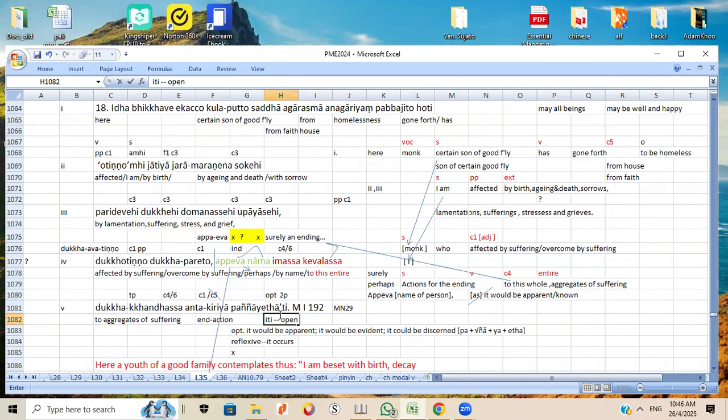The open quotation starts from here. He thinks that the quotation should be here. That's how you have to analyze.